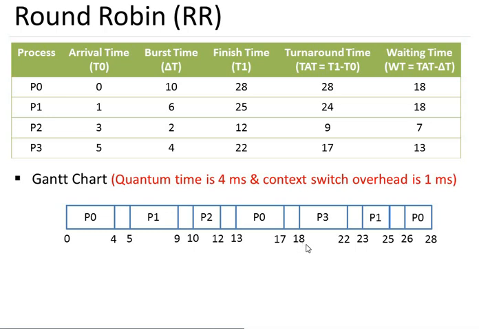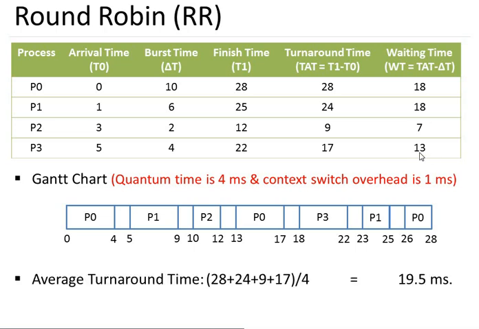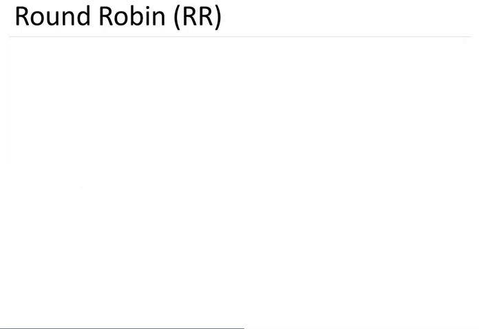It gets its CPU for the first time at 18. So 18 minus 5, that is 13, or you can use this formula also, TAT minus burst time, that is 17 minus 4, and you get your answer, 13. And you can calculate average turnaround time like this, and average waiting time.